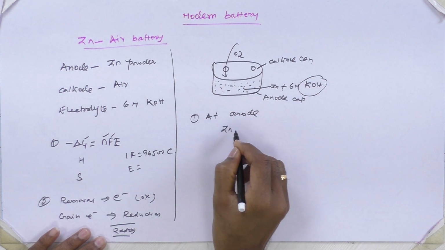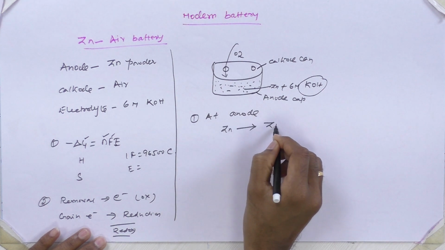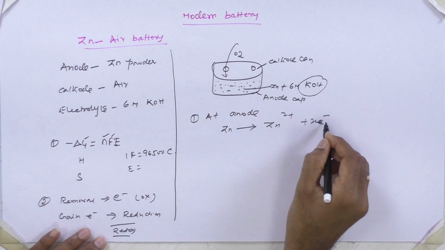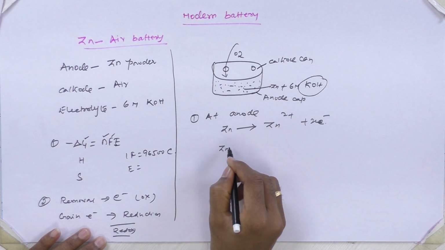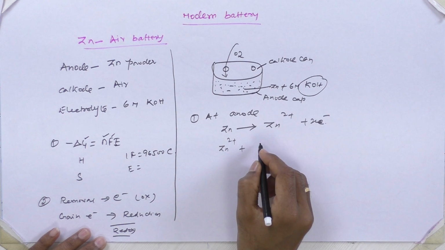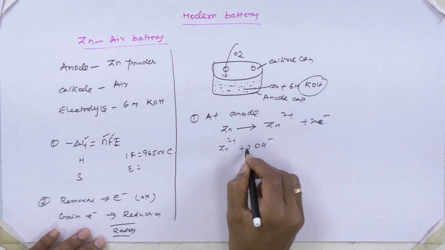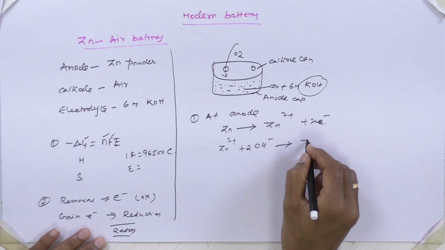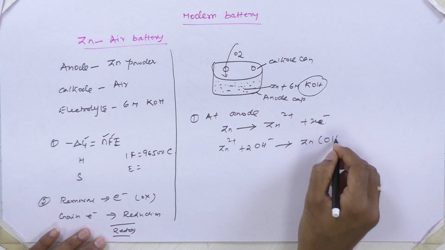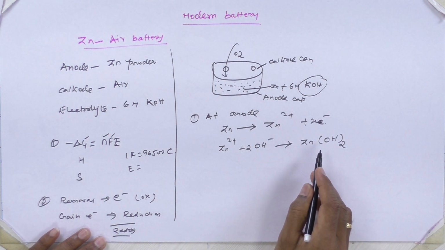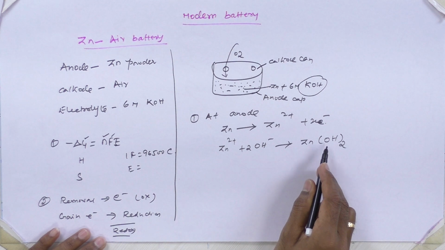As a result, zinc will be converted into Zn2+, and it releases 2 electrons. Once the zinc ion is liberated, it will combine with the KOH, that is, the hydroxide anion, OH minus. So 2 hydroxide anions will be utilized, and subsequently it produces zinc hydroxide. So 1 mole of zinc hydroxide will be produced over here, and when you look at the thermodynamic stability of the zinc hydroxide, it seems to be very low.